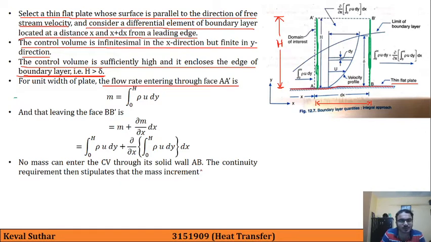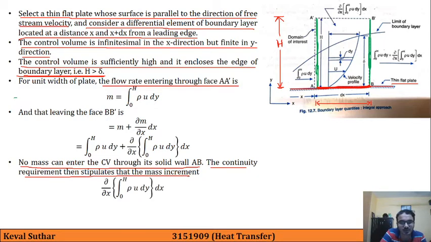Now the important thing here is that no mass can enter the CV through its solid wall AB. As it is quite obvious, this is a flat plate, so no mass can enter through this dark red face. So the continuity requirement then stipulates that the mass increment, the only incremental part happening, is this portion.